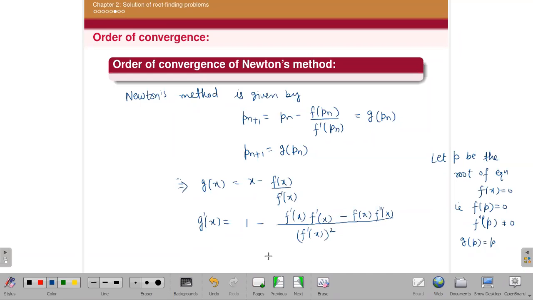So what will it be? f dash x whole square minus f dash x whole square plus f of x into f double dash x, divided by f dash x whole square.